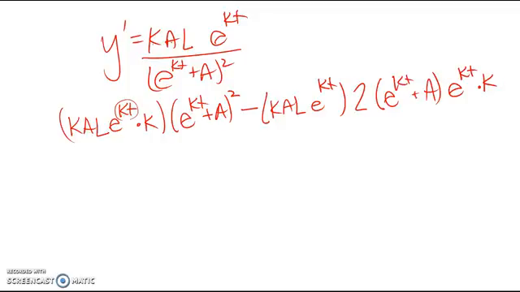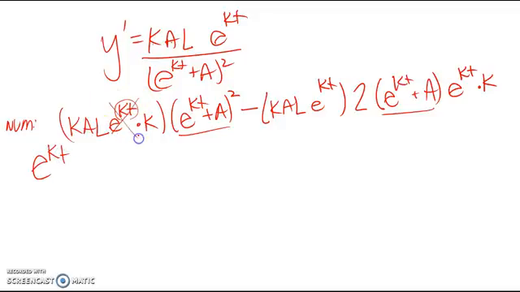Well, there's a lot going on here. Right now, I'm just looking at the numerator, to see if I can put some stuff together. There is e to the kt here and here, outside the parentheses, so I'm going to pull out an e to the kt.